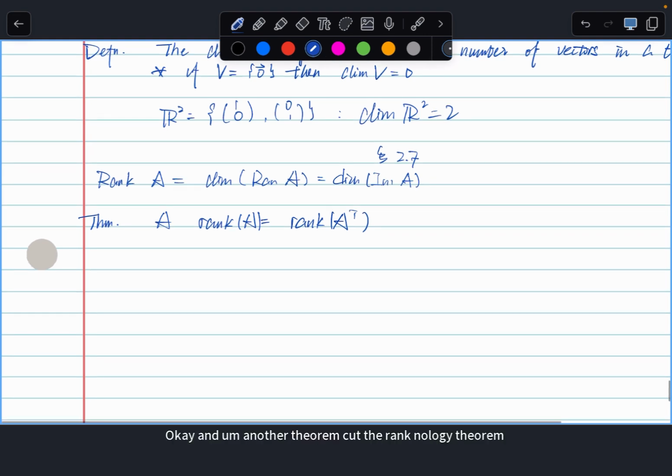Okay, and another theorem called the rank nullity theorem.